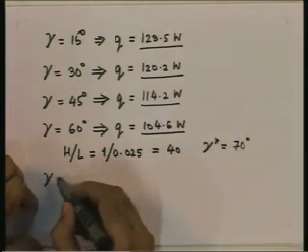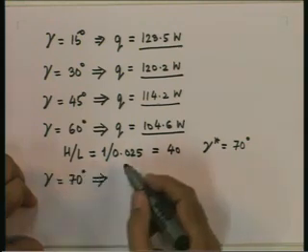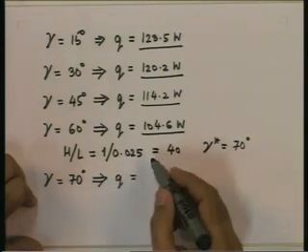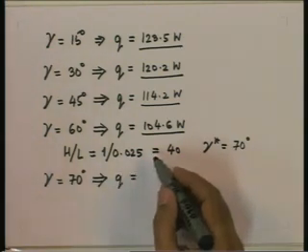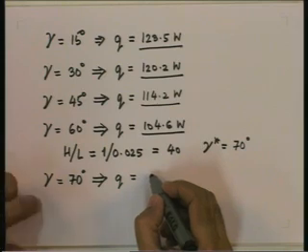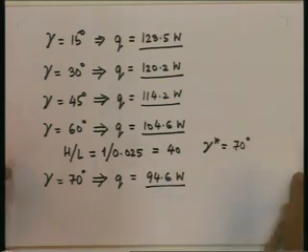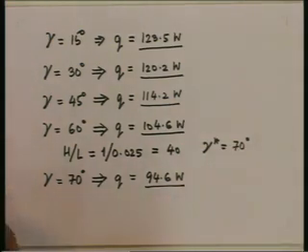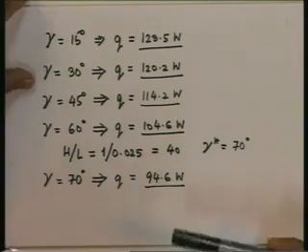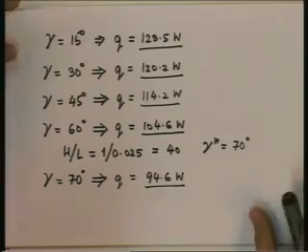And at that, let us calculate Q, and that turns out to be 94.6 watt. So, from horizontal to the inclination of 70 degrees, the heat loss reduces from about 125 watt to about 95 watt. Okay, a decrease of around 25%.